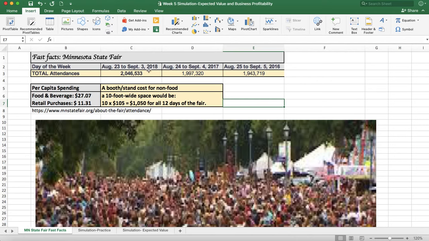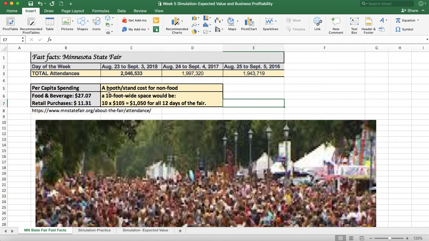In the past 3 years, the attendance values from 2016 to 2018 are roughly 2 million, and per capita spending in retail purchases is around $11.